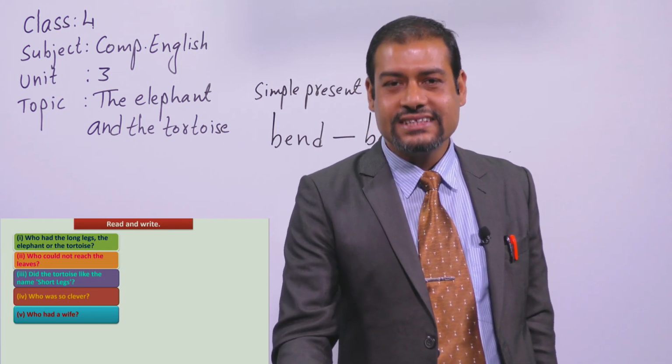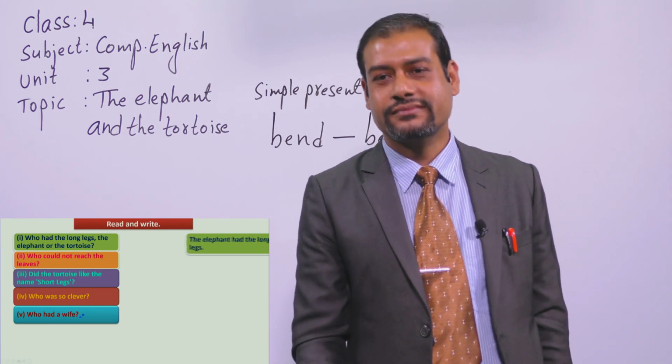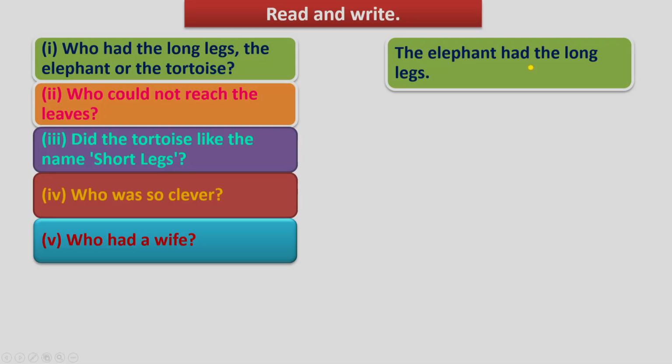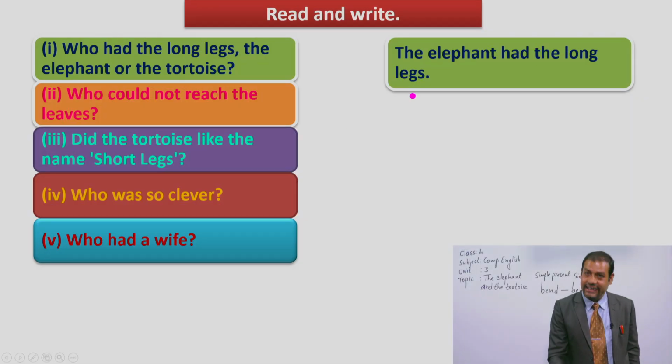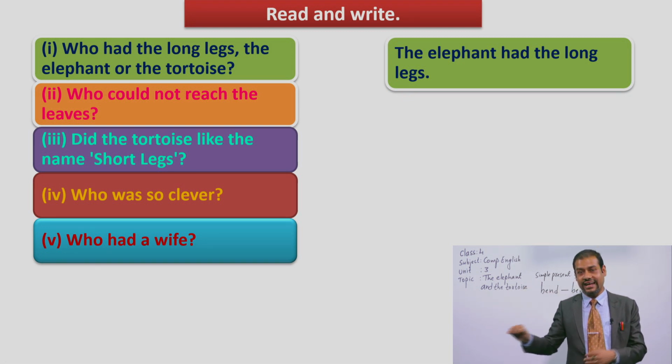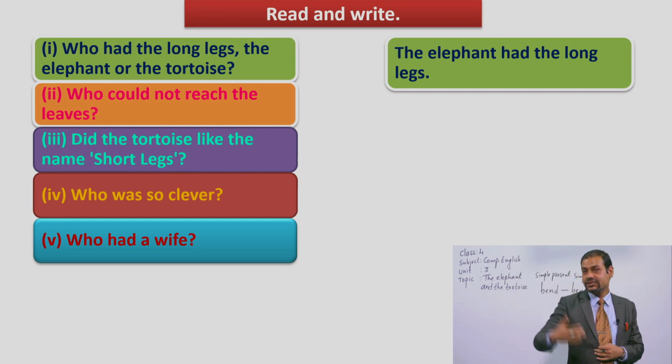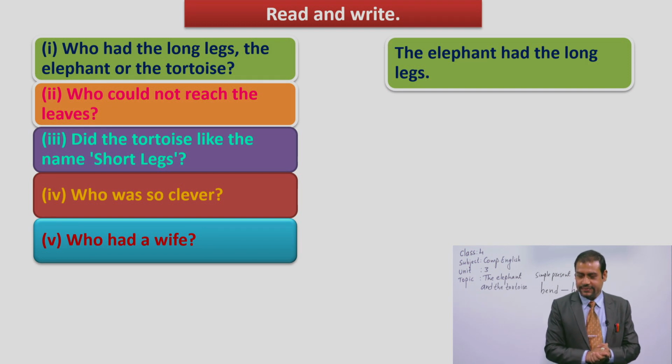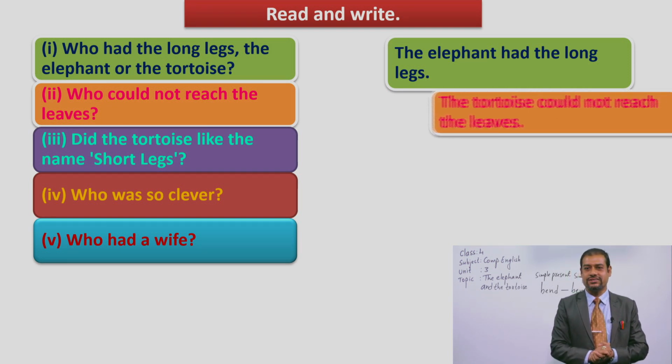The first answer is: the elephant had the long legs. Yes, because the elephant called the tortoise short legs, and when I showed you the picture, you saw the elephant had long legs in comparison to the tortoise. All right, next answer, you can check with me now, dear students.